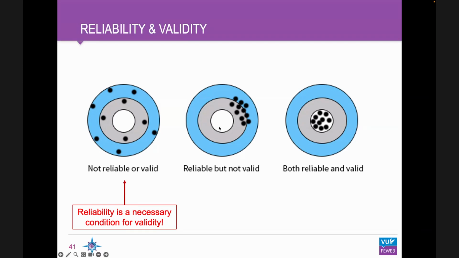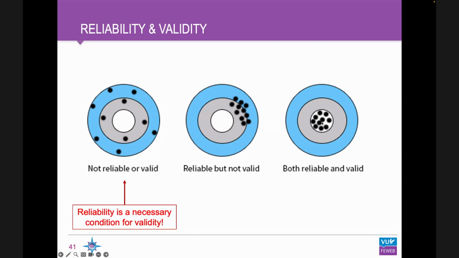In the second case, this is reliable but not valid. So here, if you remember, this is systematic error. We see clustered answers. So everyone answers in a particular way. So we get consistent results. But then the observations are not close to the true value.